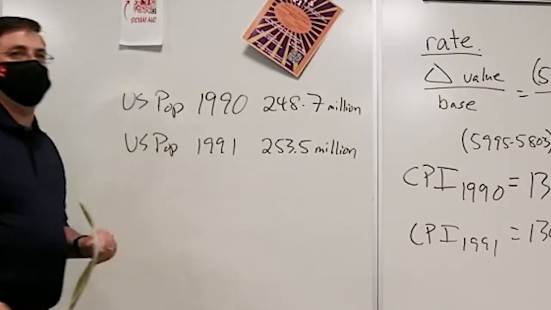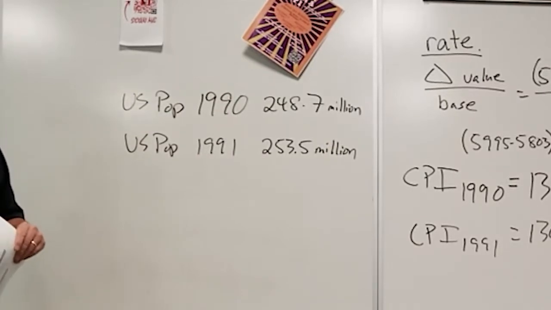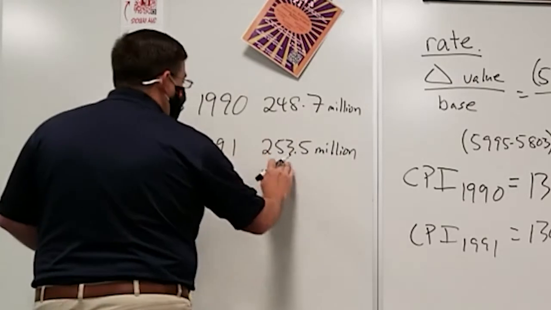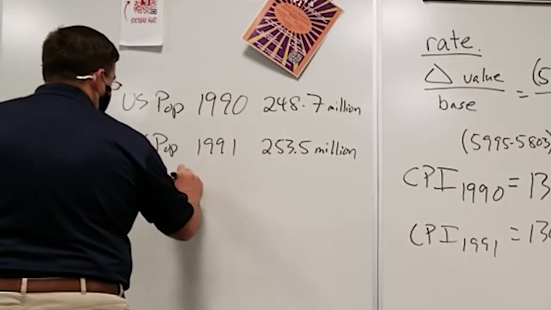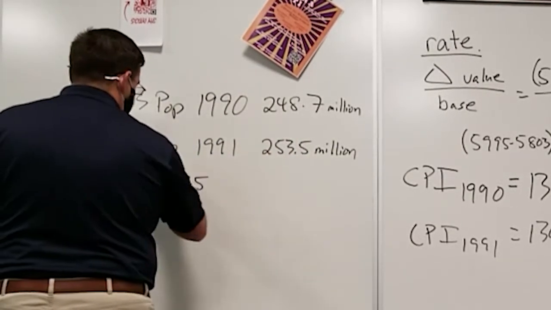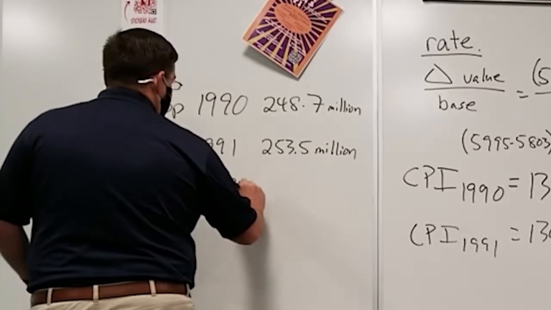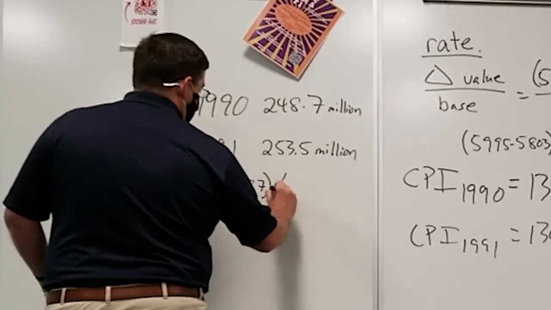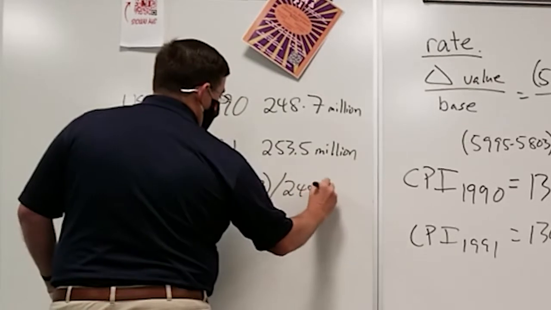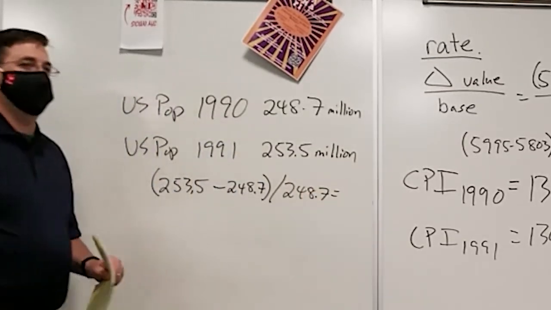So what am I going to want to do? Wash, rinse, repeat. Same thing again, right? So I can find my population growth rate by taking 253.5 minus 248.7, divided by 248.7. And what do I get?